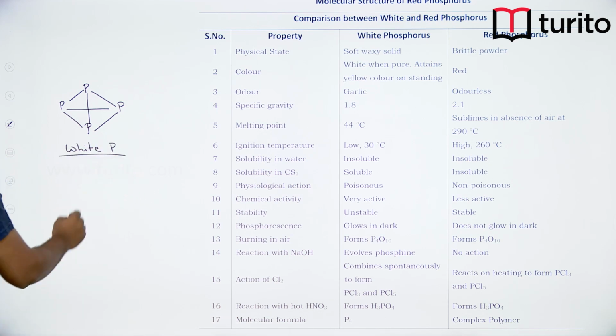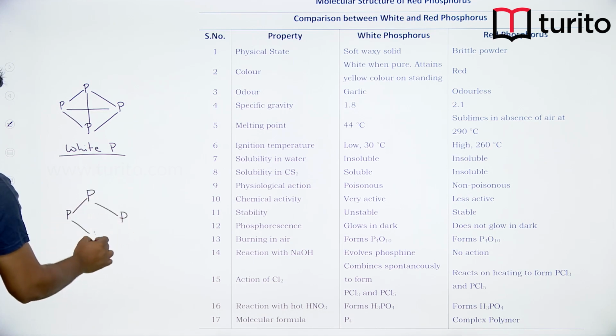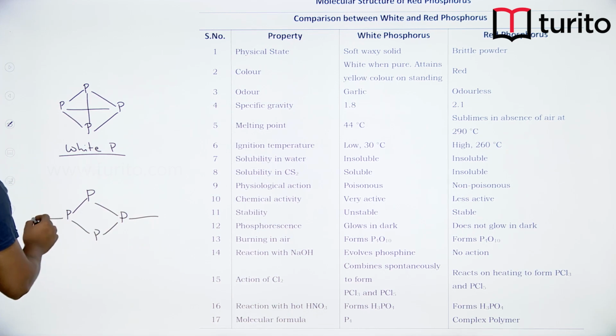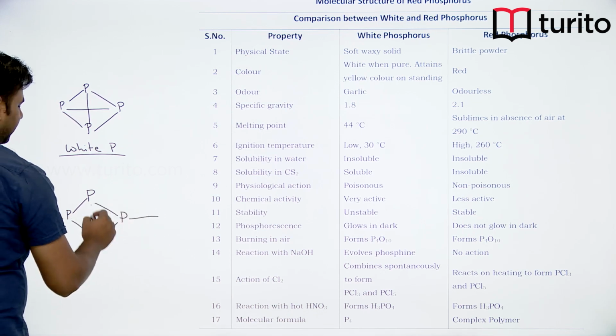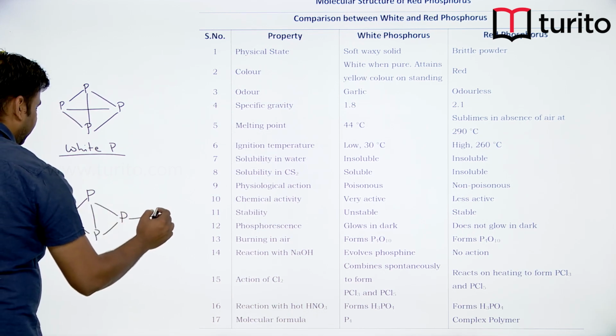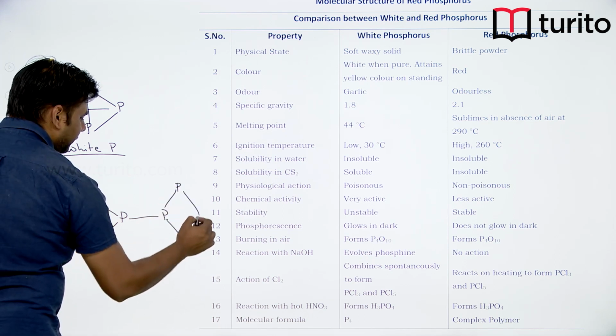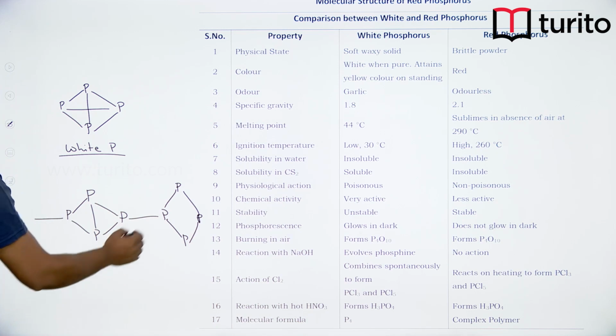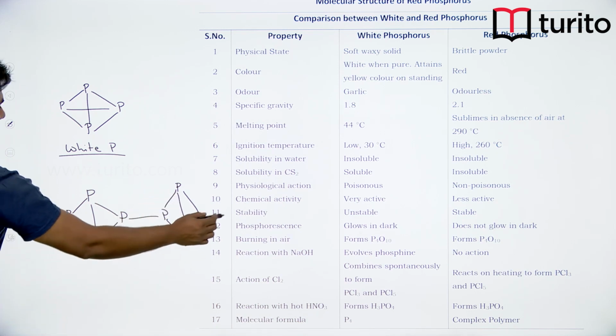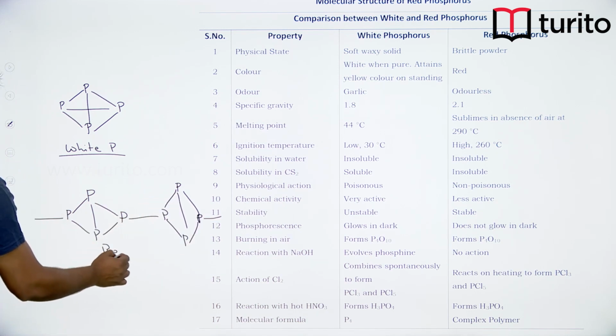Then comes the red phosphorus. Red phosphorus is something like this. Then comes the black phosphorus.